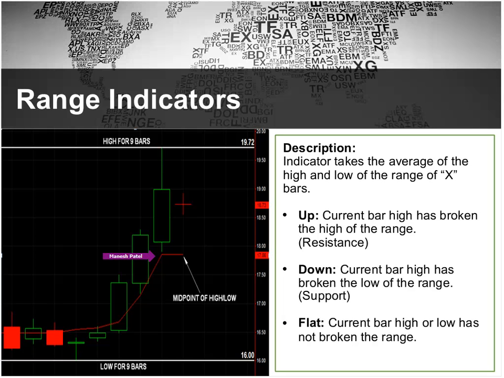But the reason why we do this in Ichimoku is we want to know when we're breaking the support resistance. Okay, so if this indicator is flat, this is telling us that the current bar high and the current bar low are within the range for however many bars we're looking at. In this example, it's 9 bars. If the Ichimoku indicator was pointing up, that's telling me that the current bar high just exceeded this bar high right here of the last X number of bars.